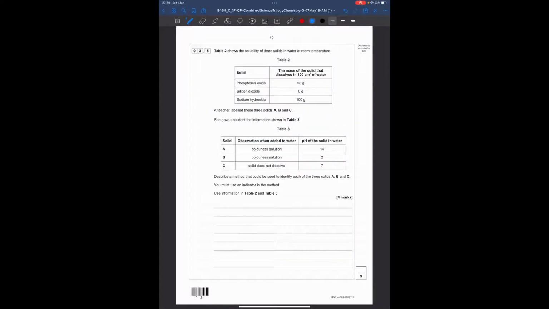Okay, so the last part of this question, 3.5, says table 2 shows the solubility of 3 solids in water at room temperature. You've got phosphorus oxide, and the amount of solid that dissolves in 100 centimetre cubed of water is 50. You've got silicon dioxide, and that doesn't dissolve at all. And you've got sodium hydroxide, which dissolves the most. A teacher labelled these 3 solids A, B and C. She gave the student the information shown in table 3.